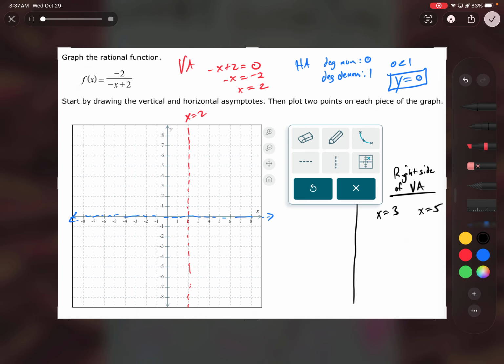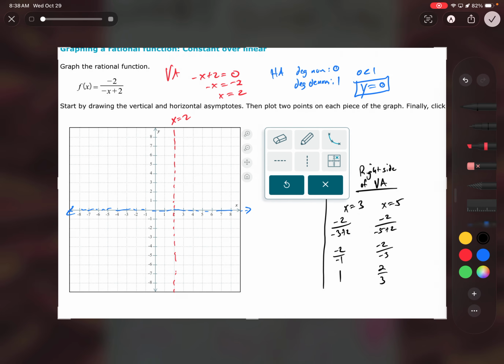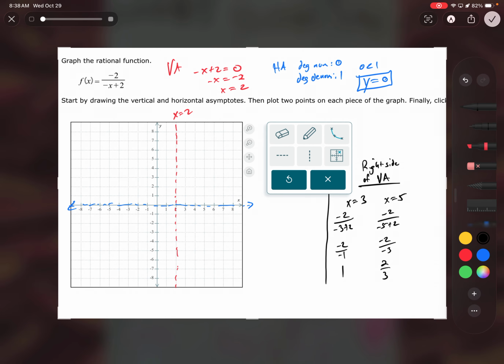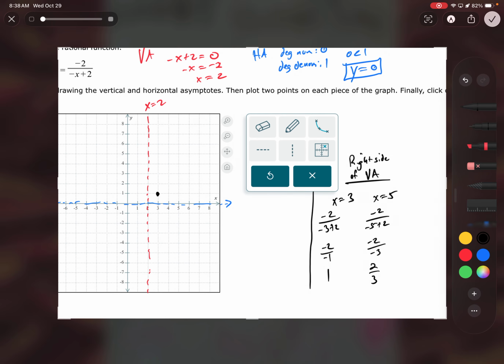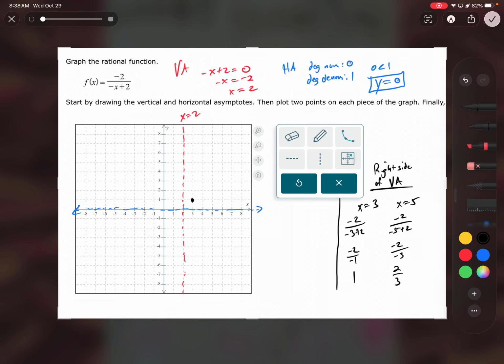X equals 3, if I plug that in, -3 plus 2 on the bottom, -2 divided by -1 would be +1. If I plug in a 5, -5 plus 2 is -2 over -3, so 2/3. So I have a graph at 3, 1, and at 5, 2/3. 5 and 2/3, okay?